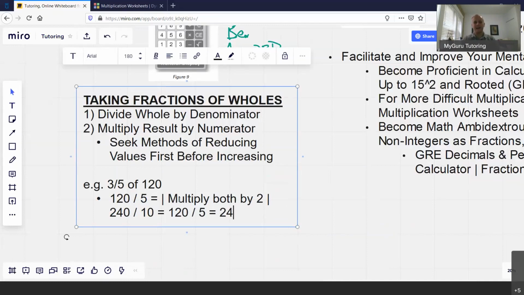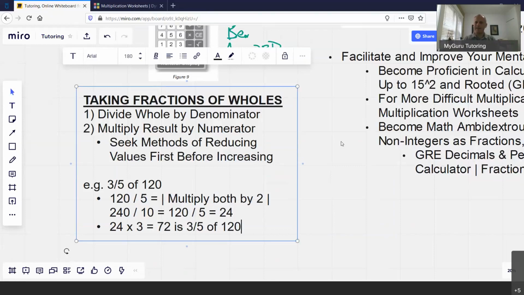So then I know that my quotient of 24, I need to take and multiply by 3, which is of course going to give me 72, and 72 is going to be 3/5 of 120. Any questions about taking fractions of whole numbers?